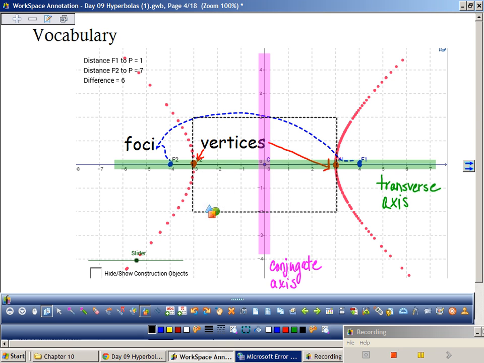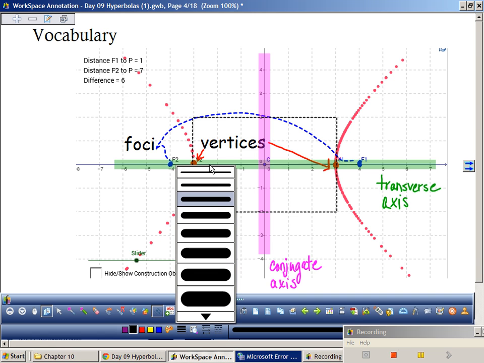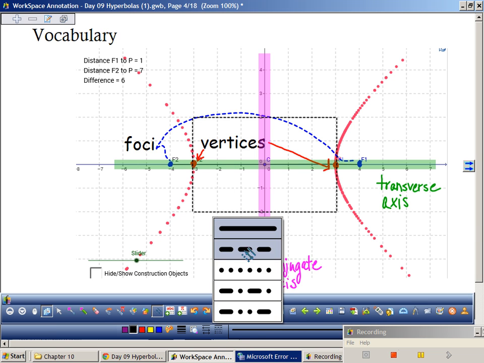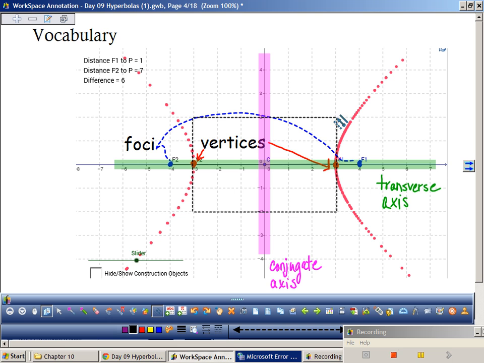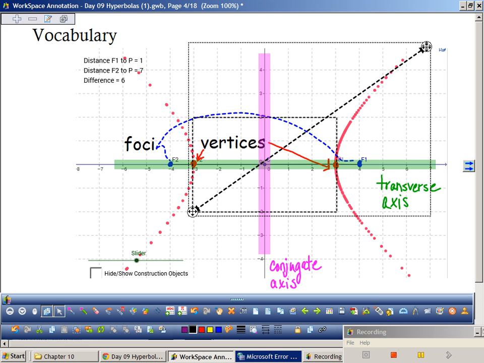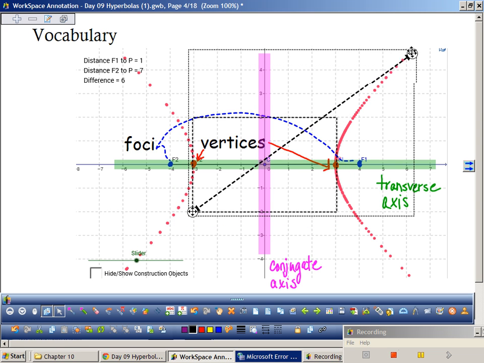Okay, there's this box that's in between these branches. And look what happens. If I take, I don't want this line to be, let's do this. Make it all fancy. If I take and go from this corner to this corner of my box, and go all the way through, okay, my box is not big enough.